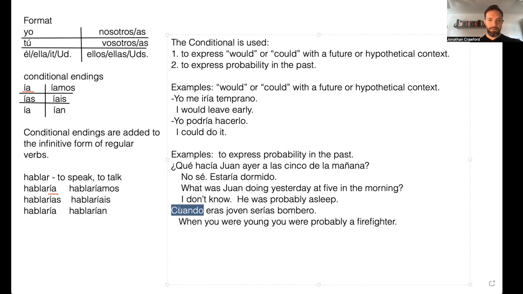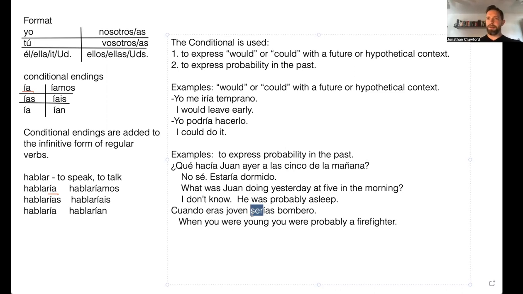All right. Another example. Cuando eras joven, serías bombero. When you were young, you were probably a firefighter. Bombero means firefighter. Ser is the verb. Ser means to be when it tends to be permanent.